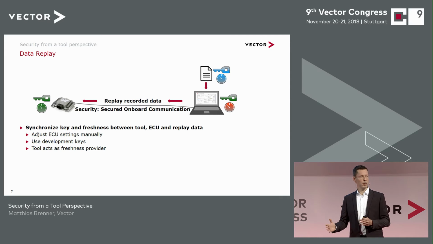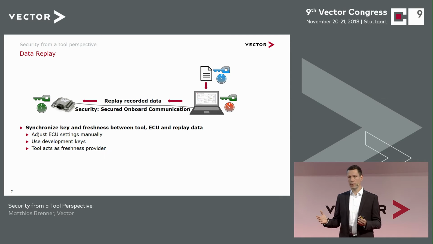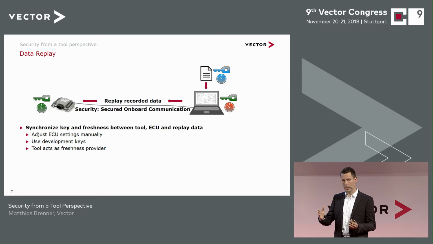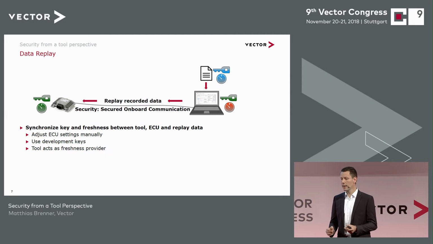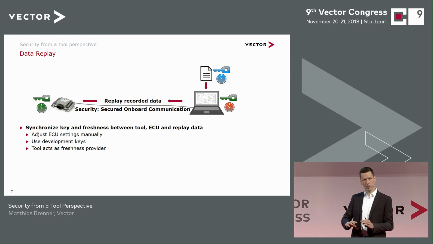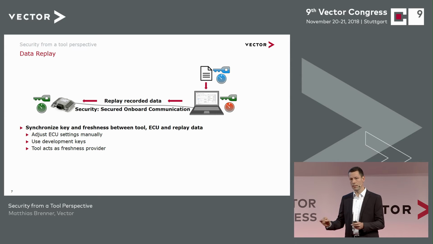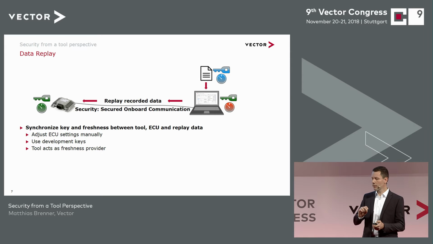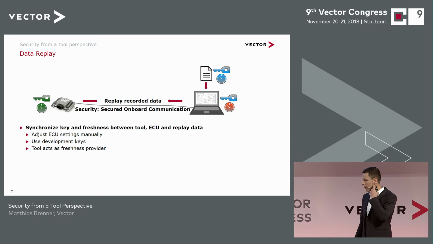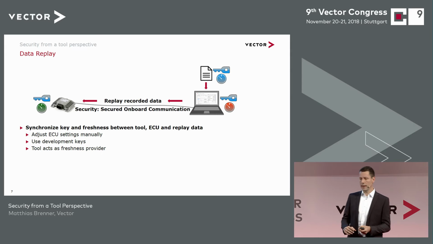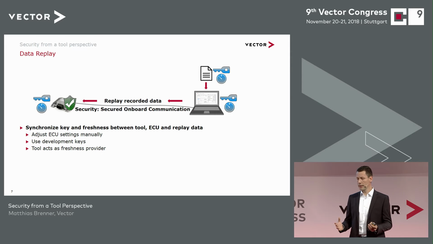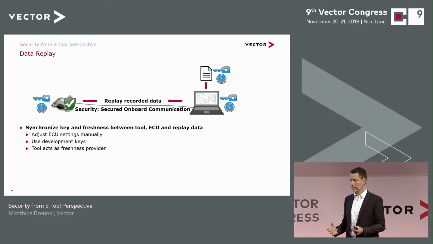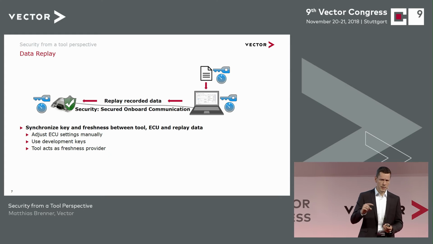Or I may have the advantage that during the development phase, development keys happen to be used. So the development keys are known everywhere, they're inside the ECU, and I'm fortunate enough that the data were also recorded with this development key. Then maybe via SecOC I can configure my application in such a way that it distributes the freshness in the network, so that in principle all of the parameters can be set on an equal footing. And if I manage to have the same security parameters everywhere, then the ECU will also accept the data.